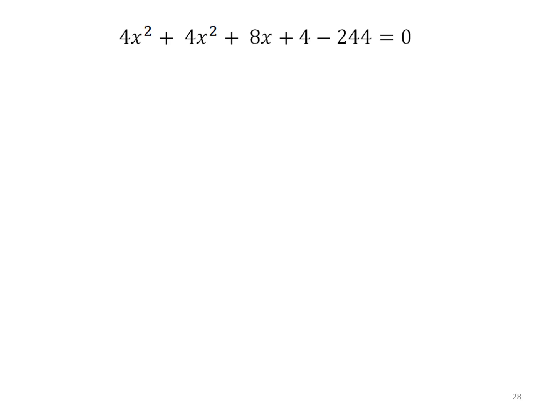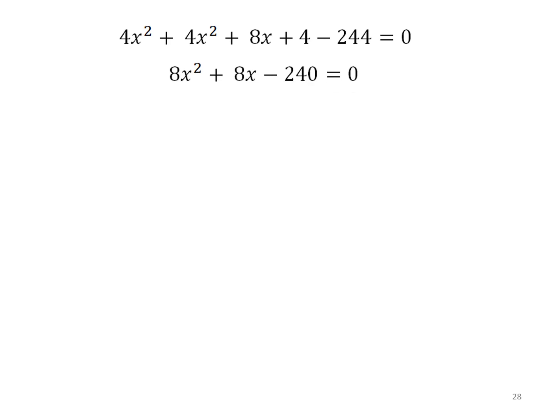Now we shall add the terms which are common. 4x squared plus 4x squared will give me 8x squared plus 8x, plus 4 minus 244 will give me minus 240.